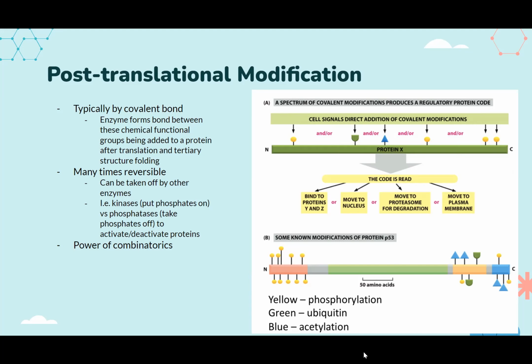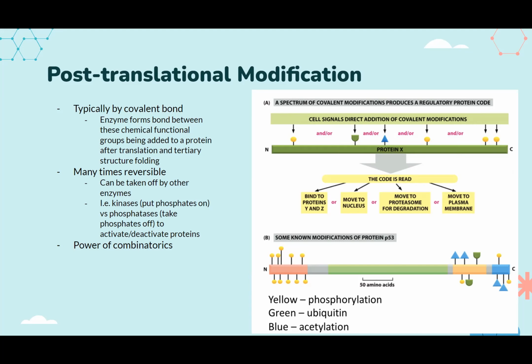As you can see on the diagram on the side here, these modifications can be made in many places along a particular protein in different ways. This mix and match creates the power of combinatorics, which is the different combinations of different modifications that allow proteins to act.